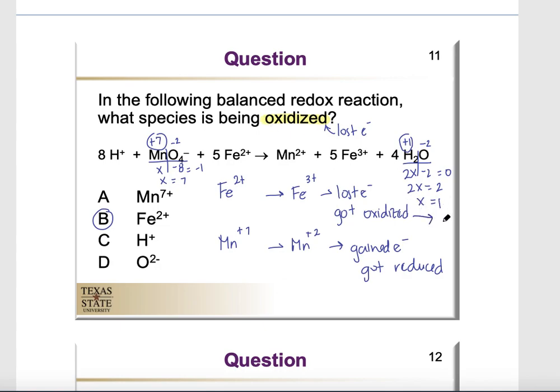The one that got oxidized is the reducing agent. And the reason for that is that it enabled the other atom to get reduced. So that makes it the reducing agent. On the other hand, the manganese plus 7, which got reduced, would be the oxidizing agent because it enabled the iron to be oxidized.